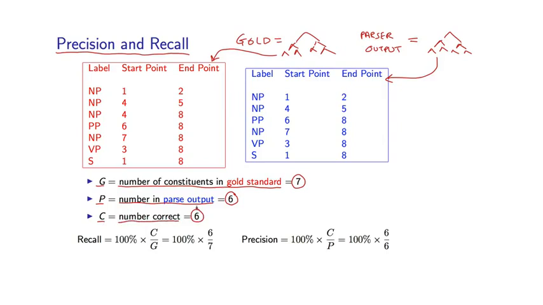What do I mean by correct? That means that if I look at this constituent S1,8, for example, I can see that that's also in the gold tree, so that's a correct constituent. And similarly, if I go through each of these in turn, I'll find they're actually correct constituents. It's worth noting that this method is general enough that it can allow cases where the number of constituents in the two trees are different.